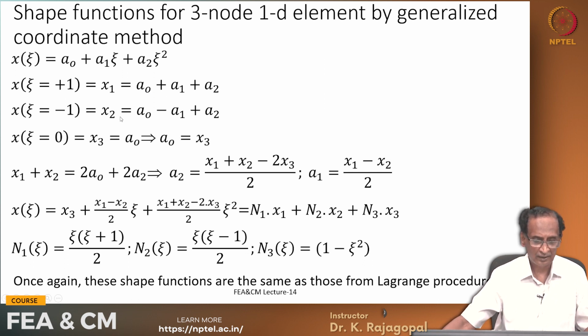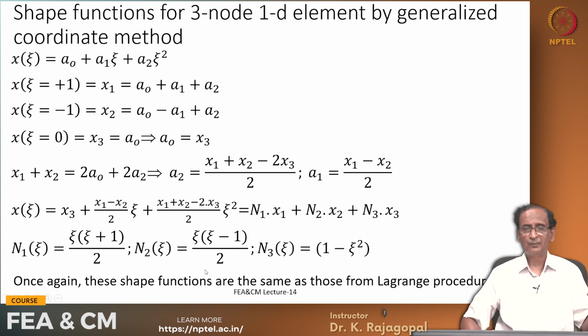At xi of minus 1 it is x2, a naught minus a1 plus a2, and at xi of 0, it is just simply a naught, that is x3. So, if you solve these 3 equations, once again we get that n1 is xi times (xi plus 1) by 2, n2 is xi times (xi minus 1) by 2 and n3 is 1 minus xi square. See, these are exactly the same shape functions that we got from the Lagrange method.